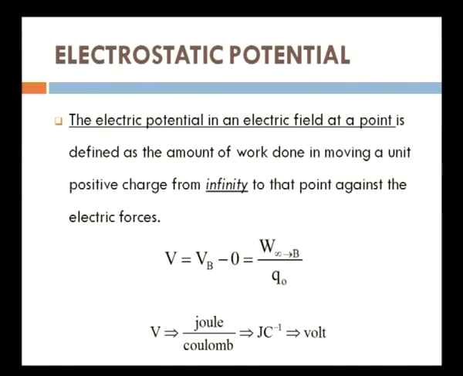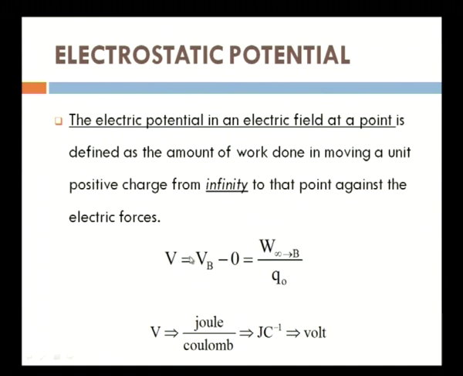In the same line, if you define the electric potential at a point, not the difference here, at a point in an electric field, it is defined as the amount of work done in moving a unit positive charge from infinity to that point against electric forces.